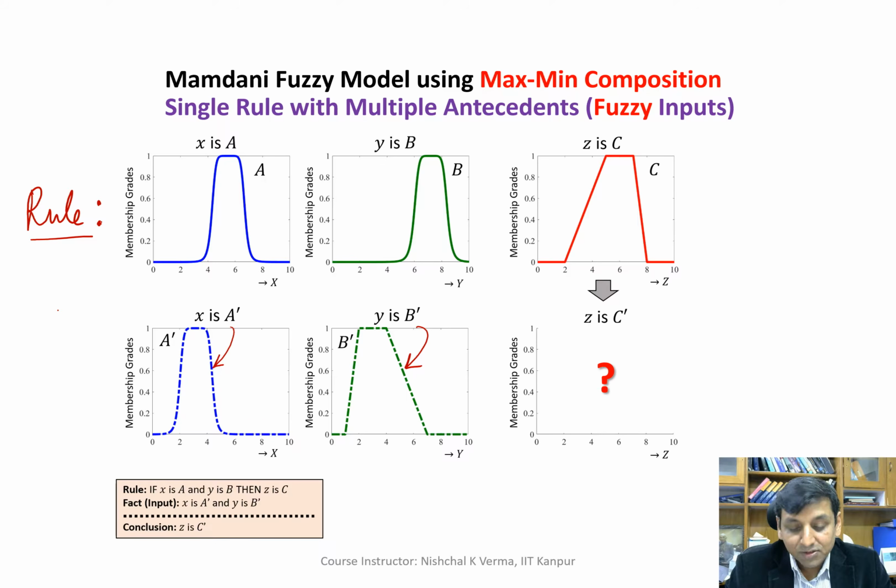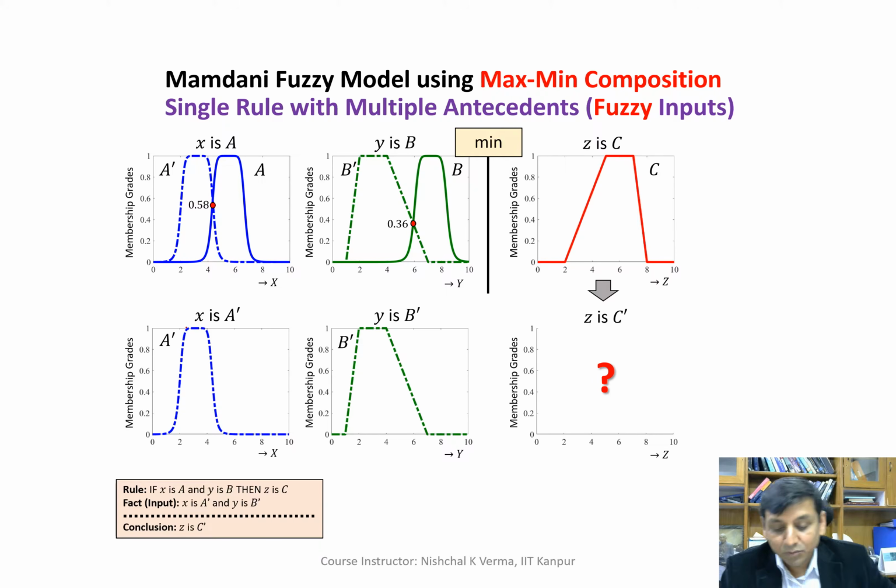superimpose these two fuzzy sets to their corresponding input fuzzy sets. So A dash here is superimposed to A because X is A dash, and then Y is B dash. So this also is superimposed to the fuzzy set which is already known.